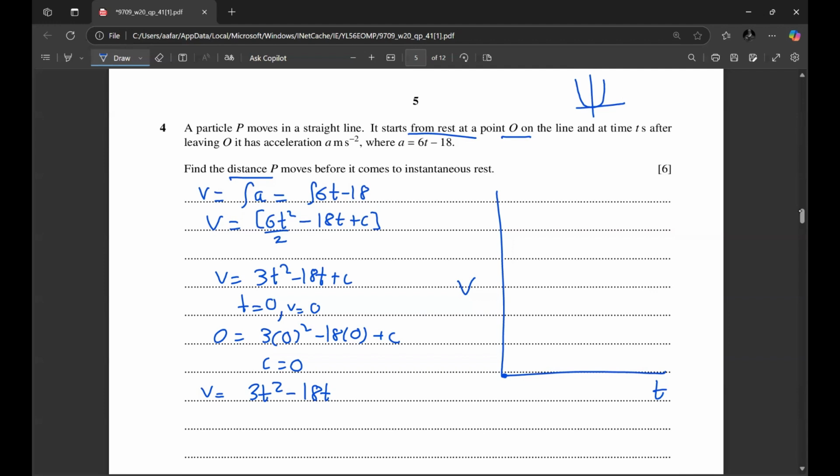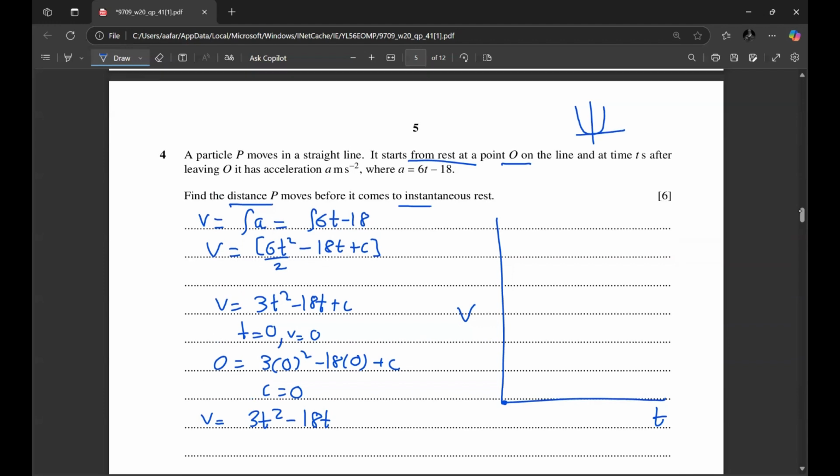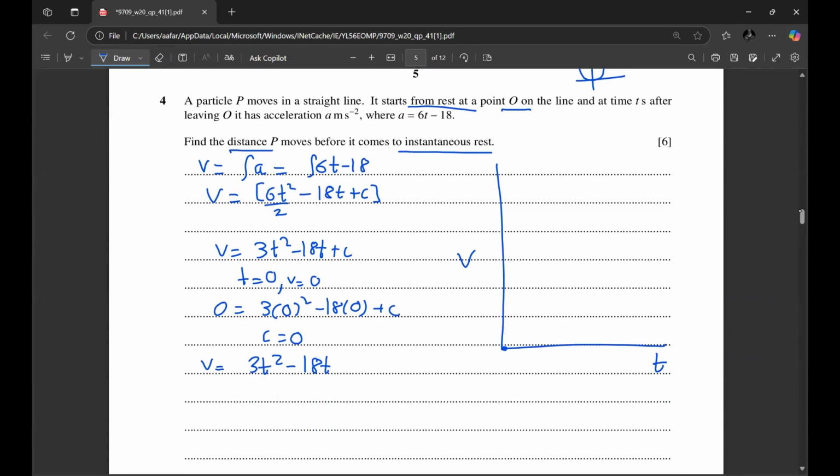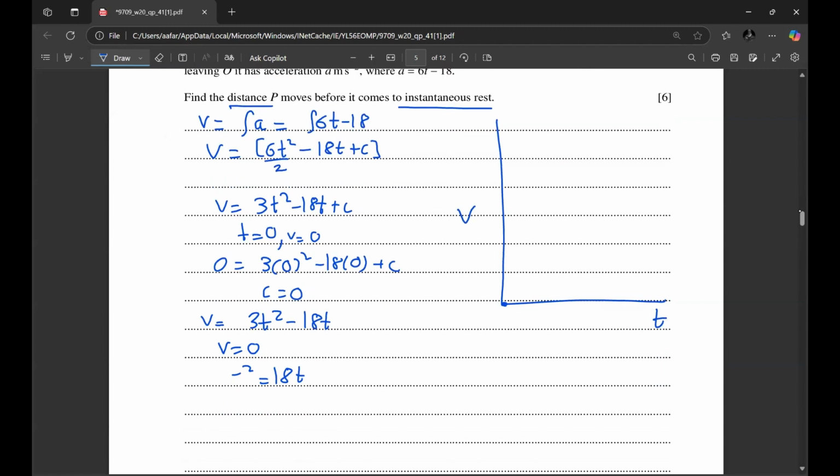Now let's find the minimum point, or when it comes to instantaneous rest. Instantaneous rest means v is 0, so we put v equal to 0. 3t square minus 18t is equal to 0.